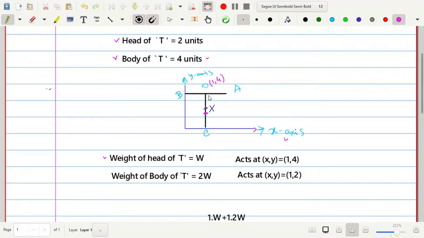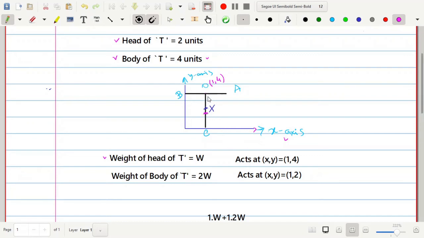So we are thinking of T as composed of two parts. One part is AB and another is OC. The weight of the head of T acts at O, and the weight of the body of T acts at the midpoint of OC, because for any straight line the weight acts from the midpoint, so the CG is here.